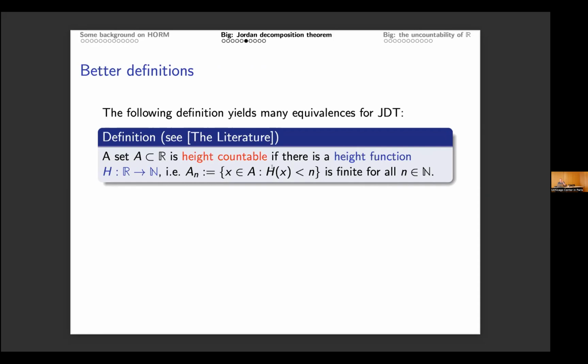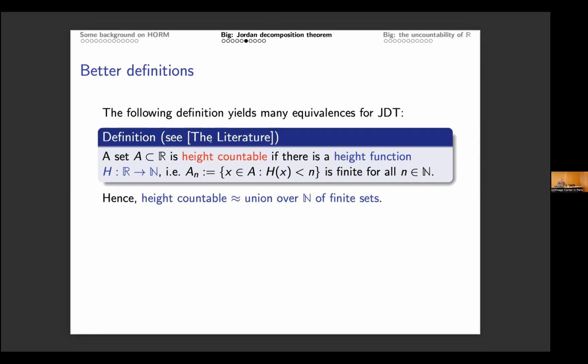So you can find the notion of height function in the literature here and there, in textbooks, even like Royden's Real Analysis, he uses height functions in the 4th edition. And this is equivalent, say, over ZF, to being countable, and this is the right definition.